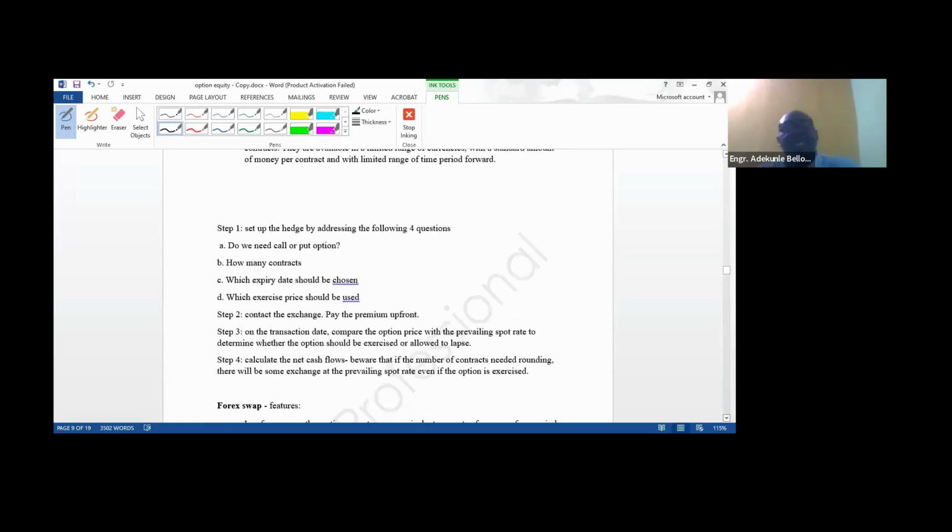Let's round up. Steps involved when hedging with exchange traded currency option.